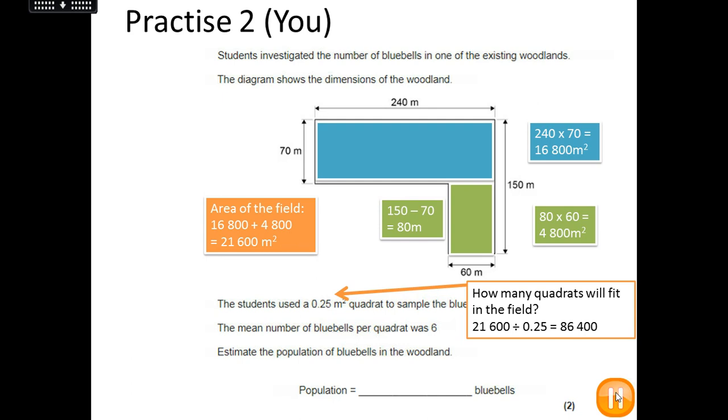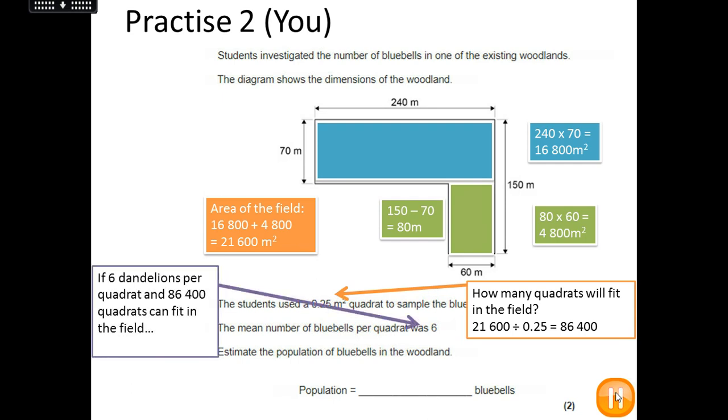They've already done the counts, and they've calculated that the mean number of bluebells in their quadrat was 6. So just like in the previous question, what do we do now? We multiply it. If there were 6 bluebells in every quadrat in that field, you would get 518,400 bluebells. That's our answer there.